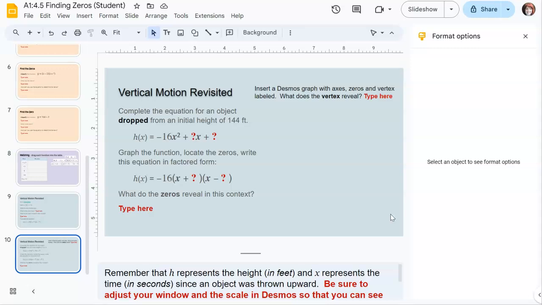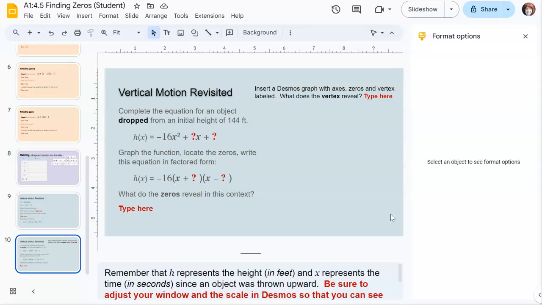So that's kind of up to them if they want to go straight to Desmos or if they want to play in the app first. I'm fine either way. And then they're going to graph the function that they've created by putting in their initial velocity and their initial height. They'll locate the zeros of their function, and then they're going to write this equation in factored form.